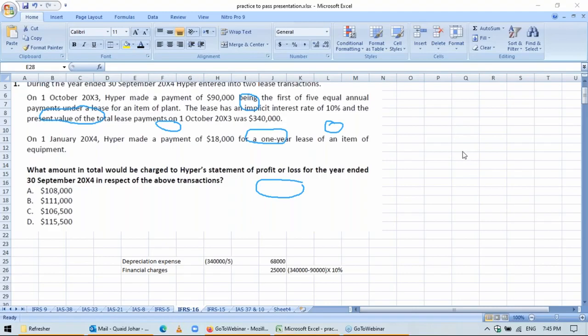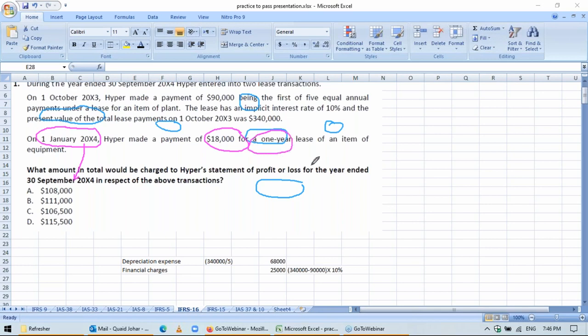In case of the second lease, it has been signed on 1st January 2004. So from this date till 30th September, this makes 9 months. They made a payment of 18,000, and this lease is just for 1 year's time, so this is a short-term lease.